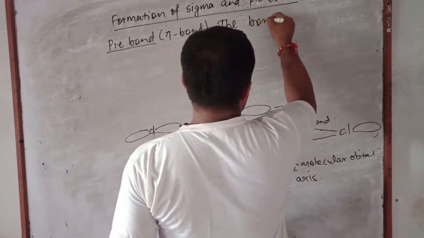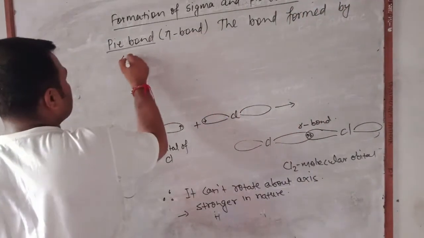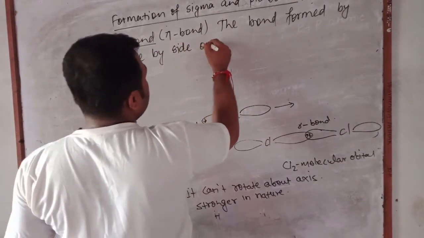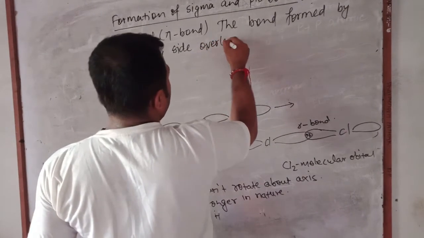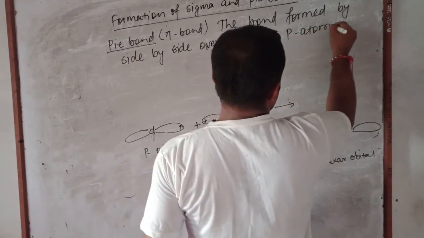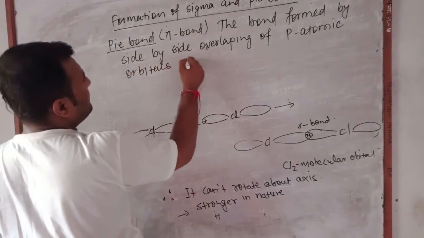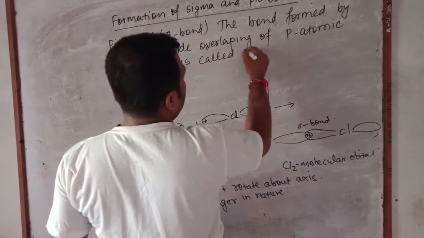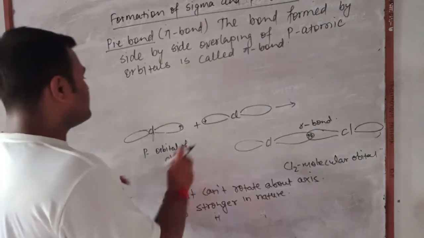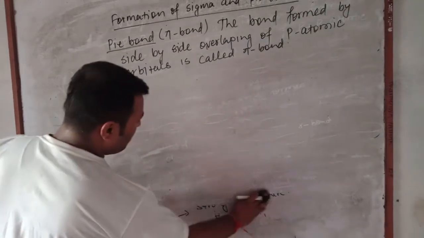The bond formed by side overlapping of p atomic orbitals is called a pi bond. In a pi bond generally p atomic orbitals participate, and here side-by-side bonding is formed.